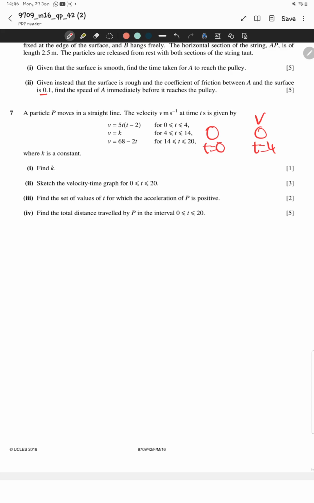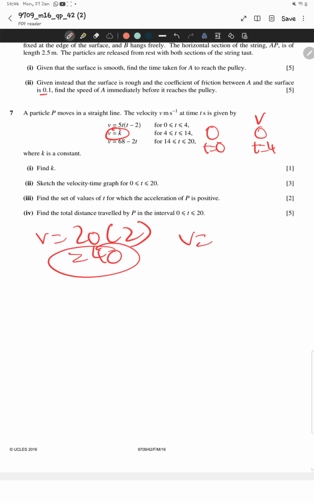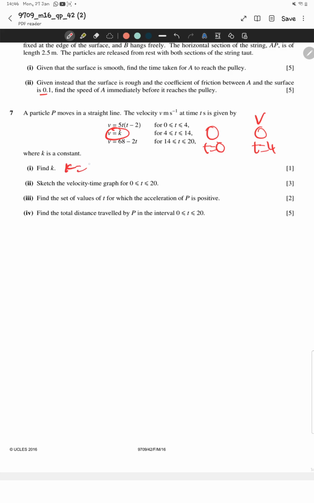So if you input 4, which is time, into this, you get 40. So k is just 40, because the velocity here must be equal to the velocity here. Okay, so k equals 40.